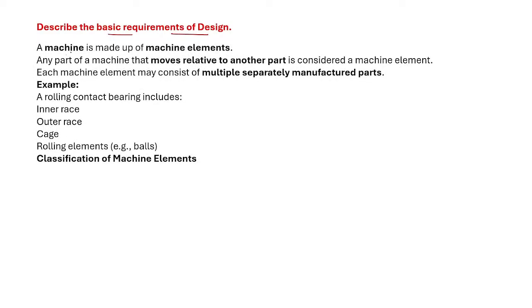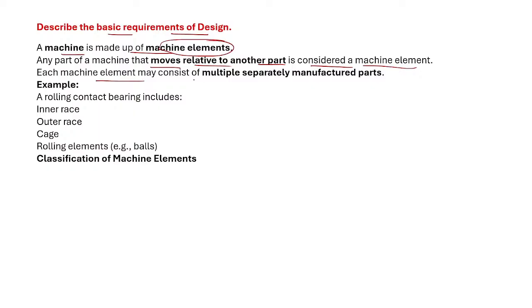Describe the basic requirements of the design. So what are the requirements before the design process is initiated? First, the machine is made up of many elements or components. Those components are called machine elements, and any part which has a relative motion to another part is considered a machine element.